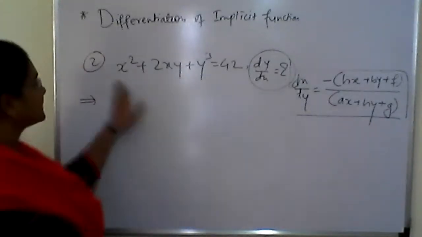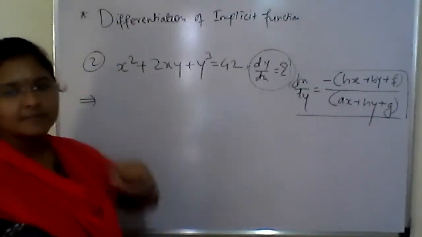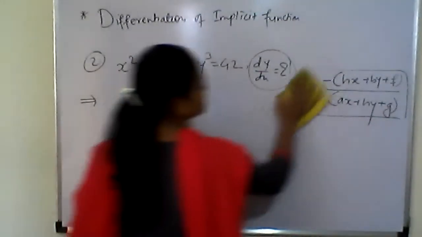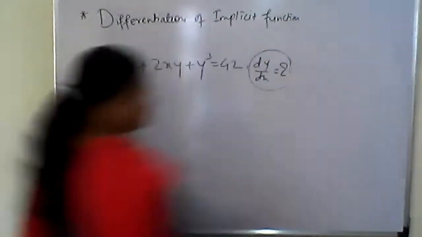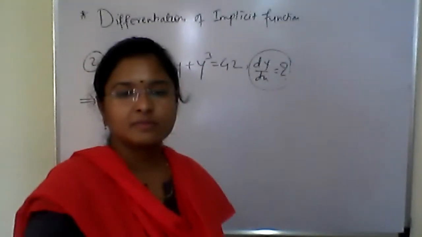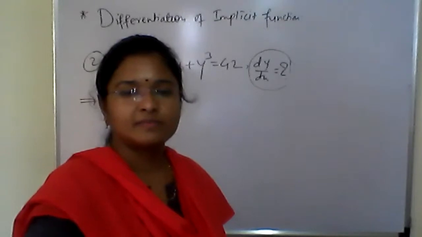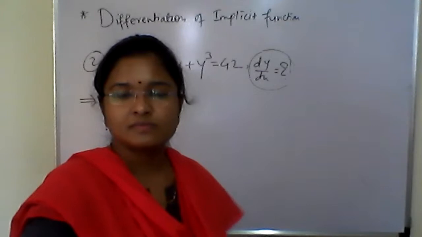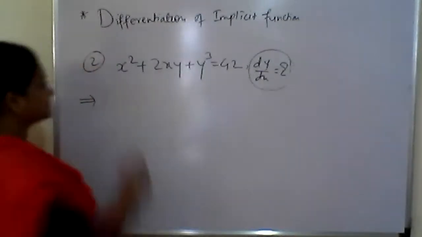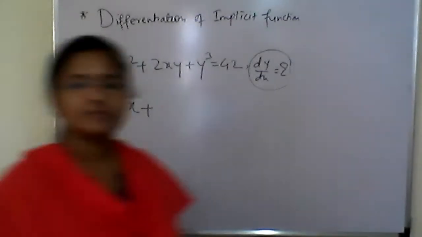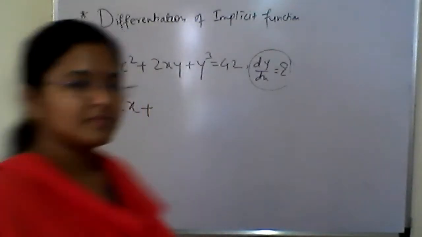Tell me this: x square plus 2xy plus y cube. It is very simple. Twice x, yes. Plus.